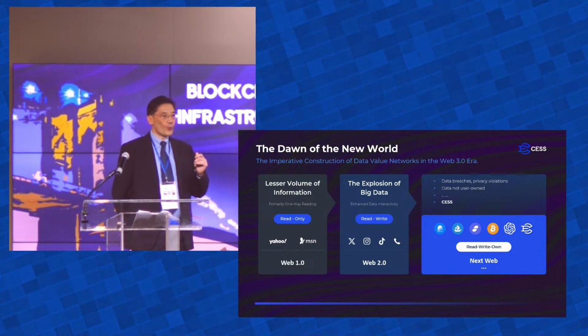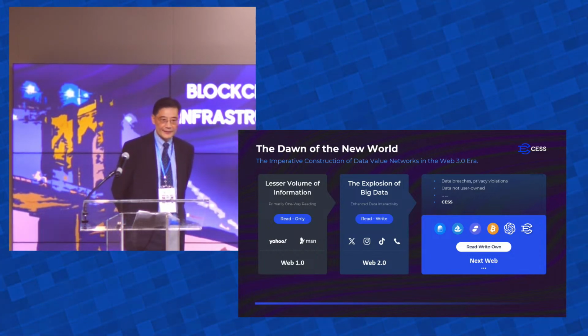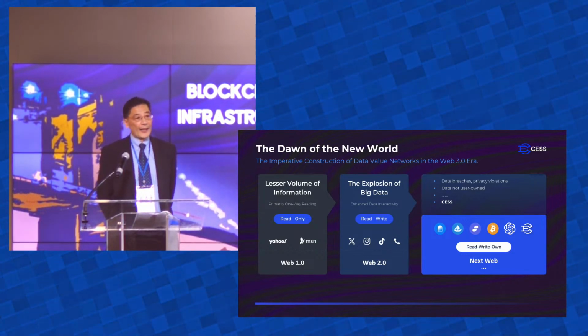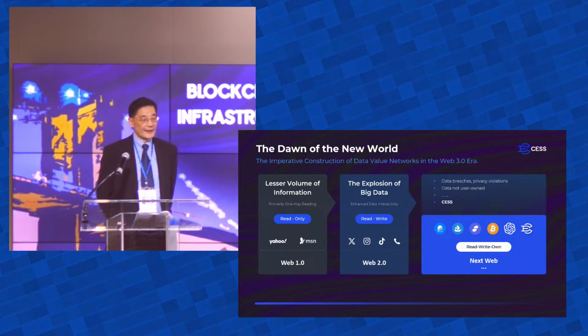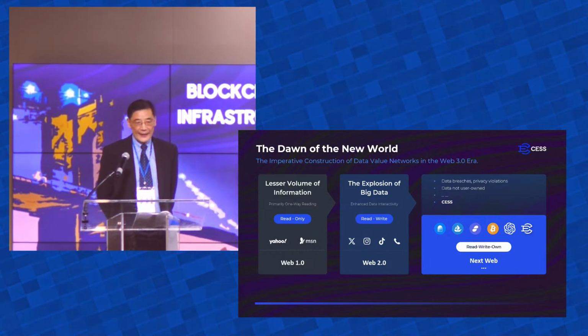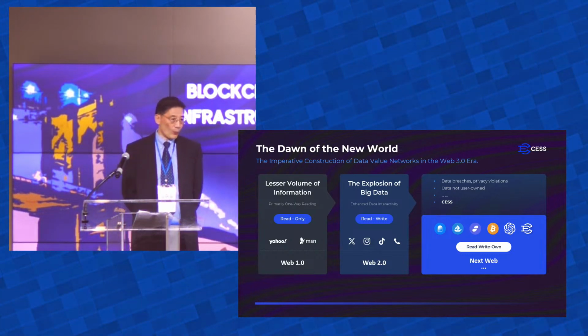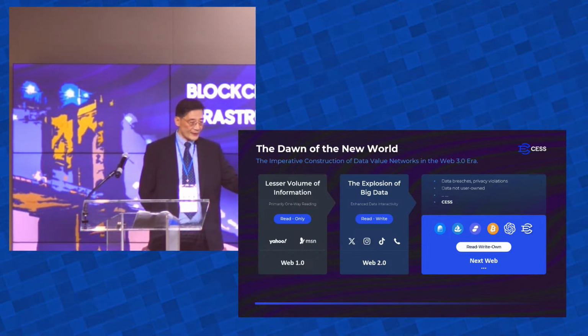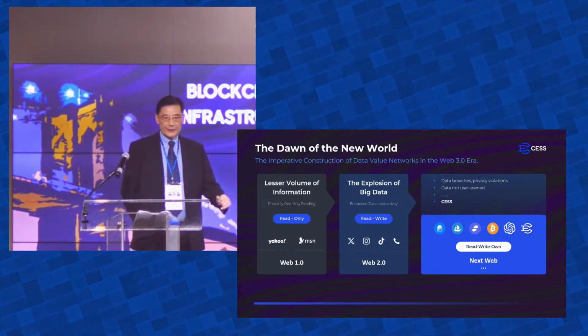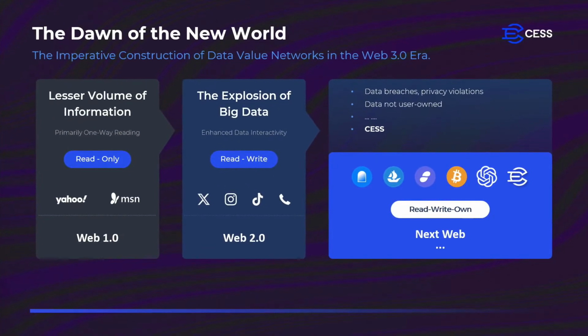As we go into Web3, that's the new frontier. We are at the beginning of Web3. I want to remind everyone, Web2 is not going away. We want to work with Web2, but at the same time, we are looking at what's ahead of us. Web3. In Web3, you could read, you could write, and you could own your data.